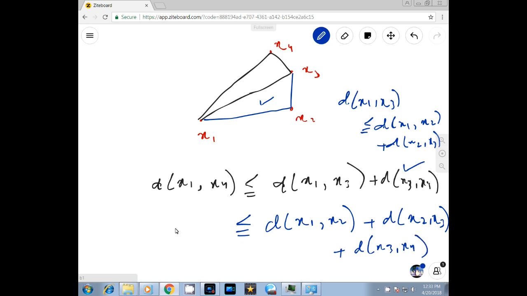So this was the triangle inequality for these 4 points.